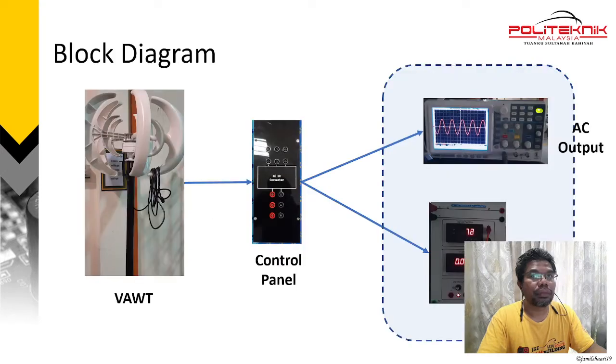Thus, it came to this diagram. If we look at the diagram here, the connection is quite simple. The VAWT, the vertical axis wind turbine, is self-made.